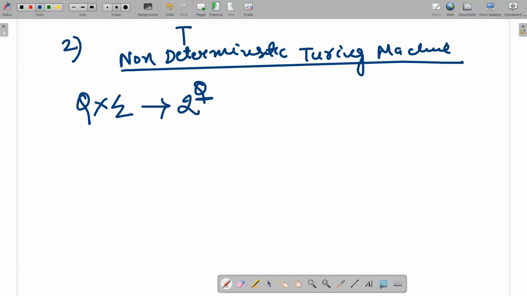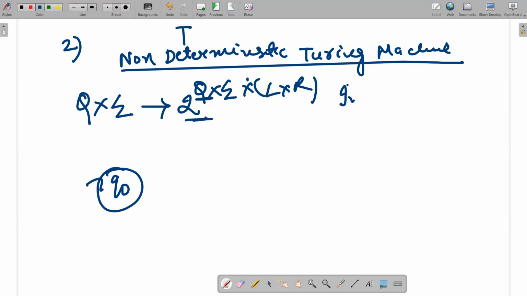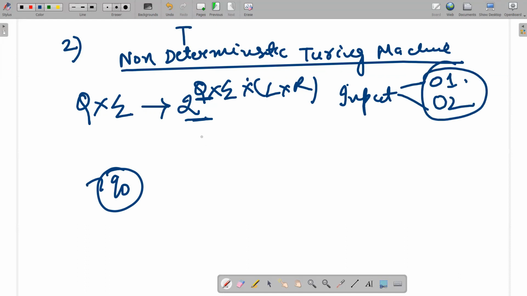But again, even if it is the whole scenario, so Q given any input, it goes to 2 raised to power Q along with the input of left and right. So the point over here is a single input. If it gives output 1 or output 2, it is clearly a non-deterministic Turing machine.